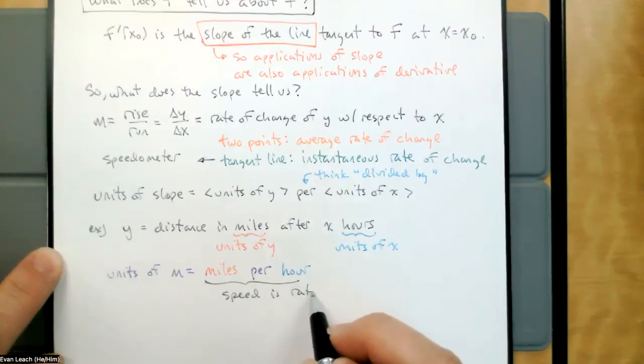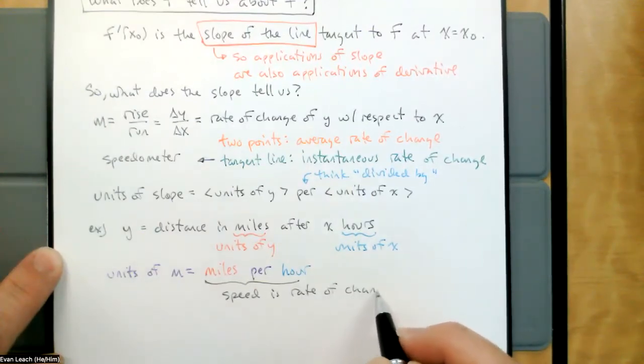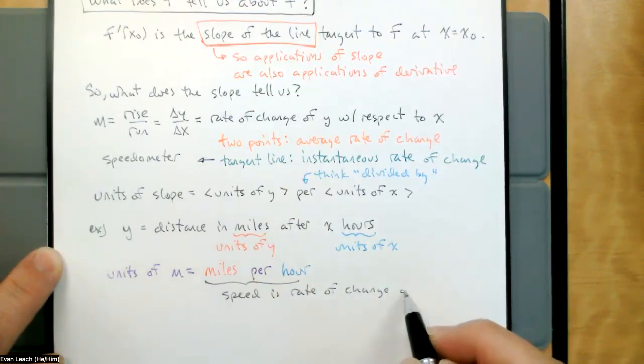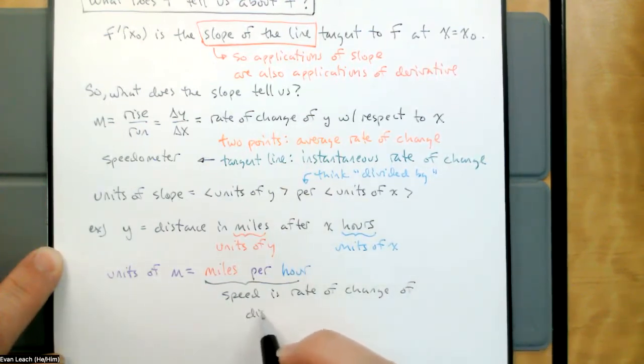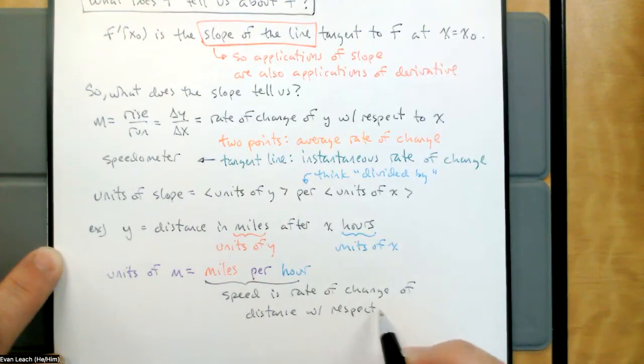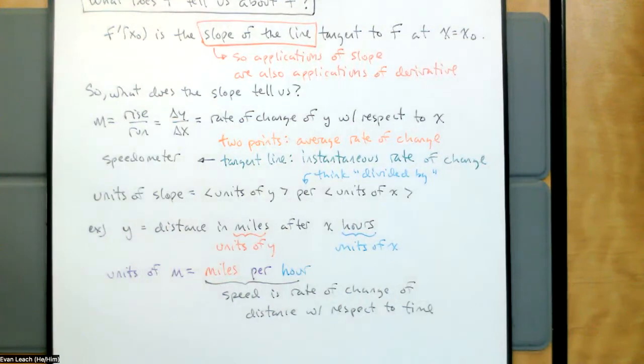That fits with stuff that we already understand. Speed is distance divided by time. We've been doing calculus all along.